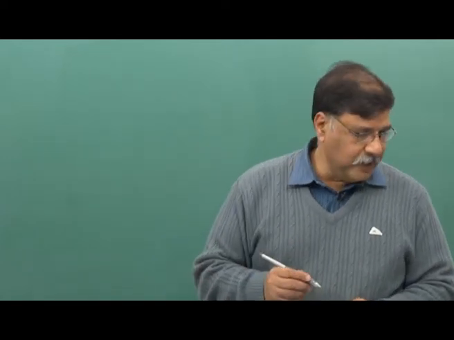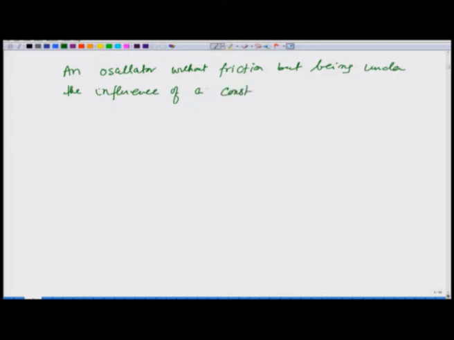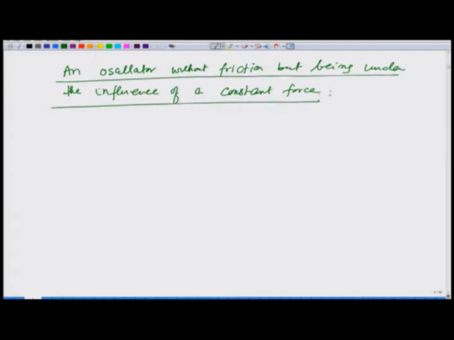So, let us first look at an oscillator without friction, but being under the influence of a constant force. Let us go back to our example of spring mass system.